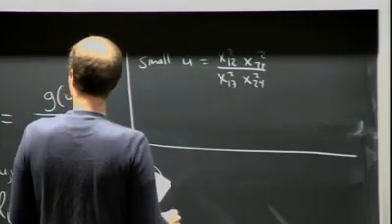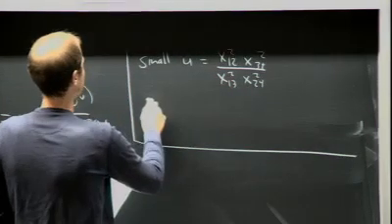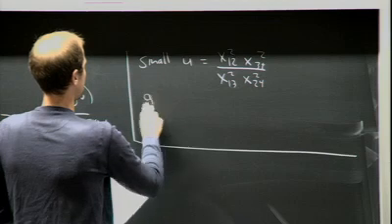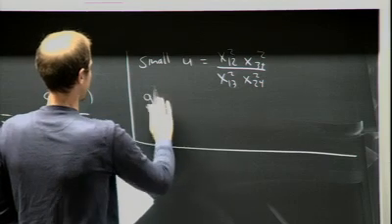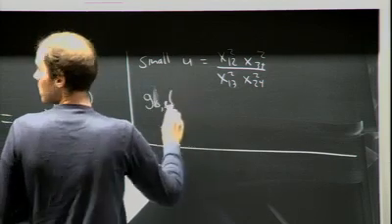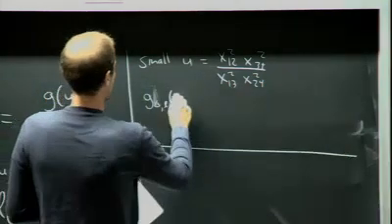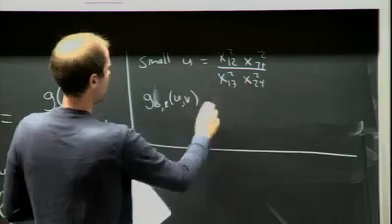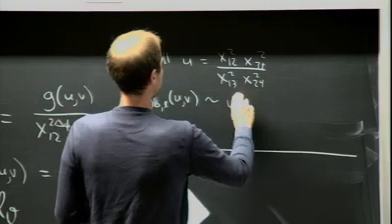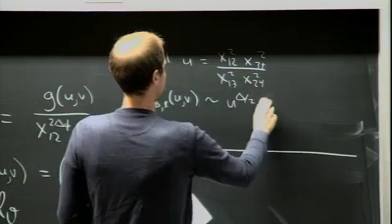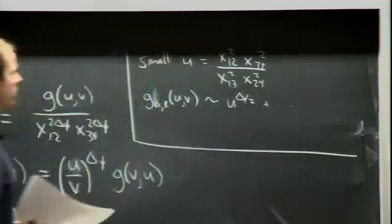In this limit, the conformal blocks G delta L of u comma v, we derived, go like u to the delta over 2 plus higher order in u.